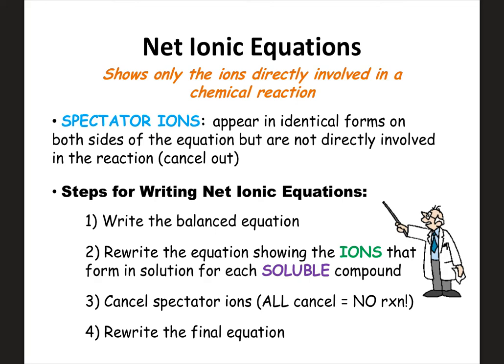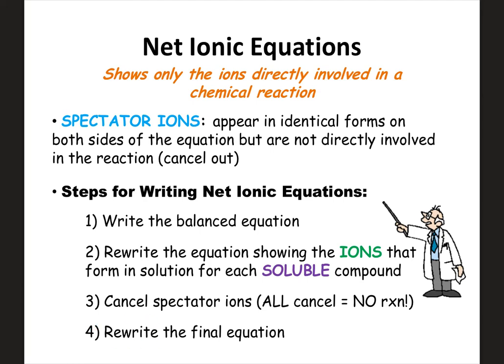All right, anybody who's soluble or aqueous is going to have to turn into their ions, and we'll see what that looks like. Any spectator ions then would cancel out on both sides. If all of them cancel, you actually have no reaction taking place. The reaction itself would not happen, all right? But you still have to show everything canceling out. And then the last thing you do is just rewrite what's left, and you'll have your net ionic equation.